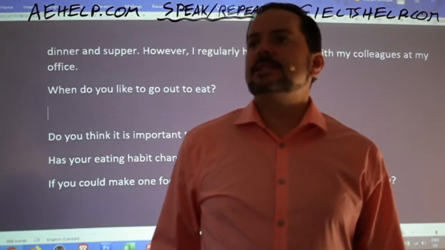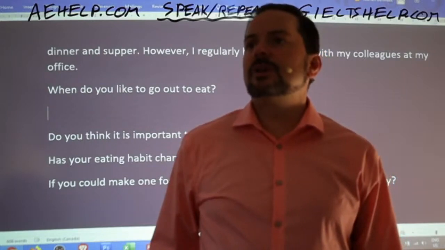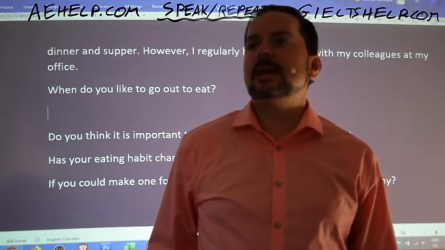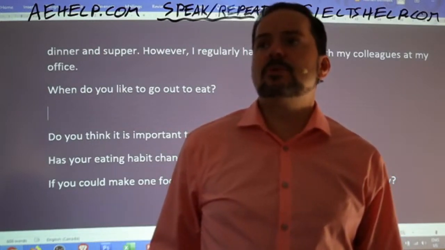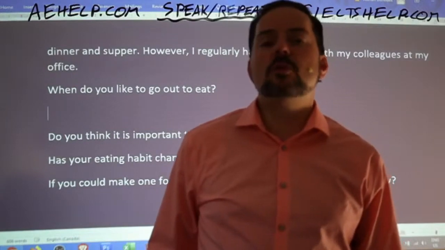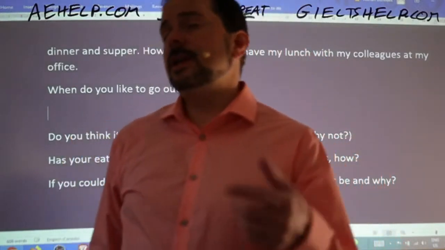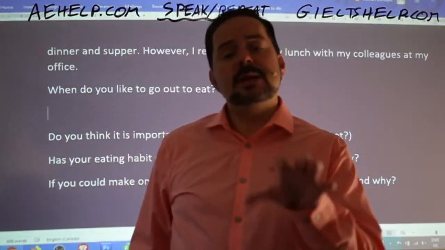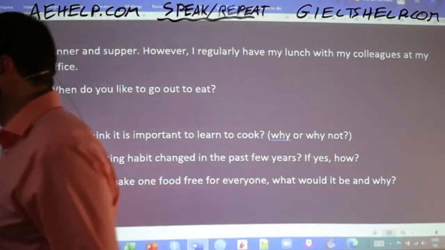Kirthana says, I seldom eat out, usually whenever I'm hanging out with my close friends and family. Moreover, I like trying new cuisines, and I often try to find eateries that are newly opened in my vicinity. Okay, that's good, Kirthana. Just make it a little bit more relevant, okay?